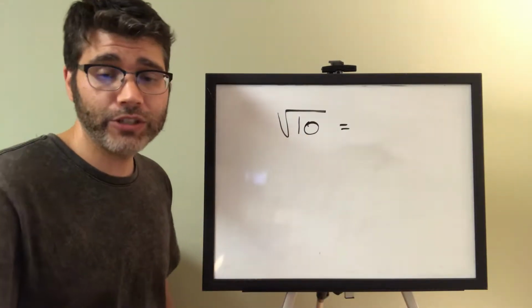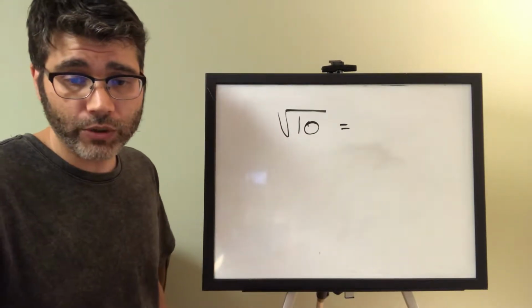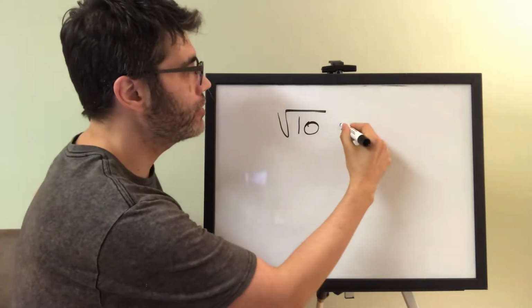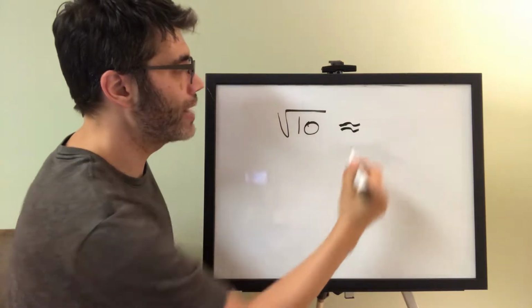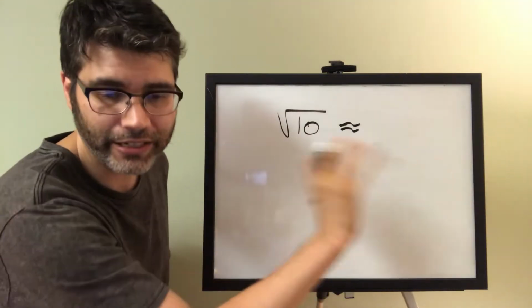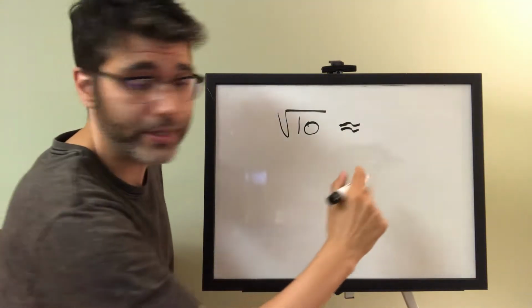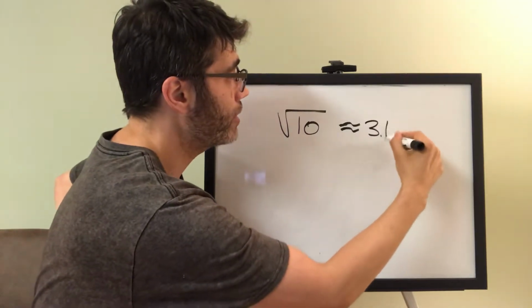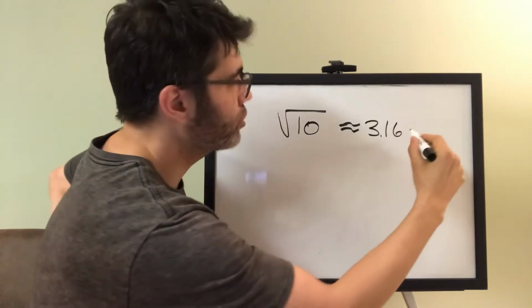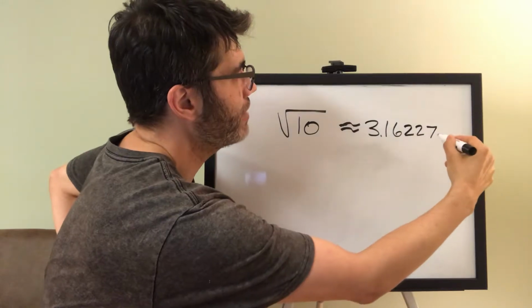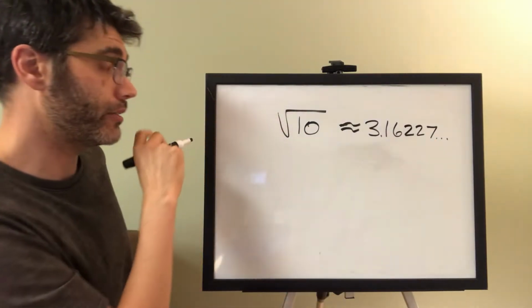If we type it into our calculator, again, I'm going to use these squiggly signs because this is an irrational number. We can't ever write it exactly because it goes on forever and never repeats. So it's approximately 3.16227, and it just goes on forever and never repeats.